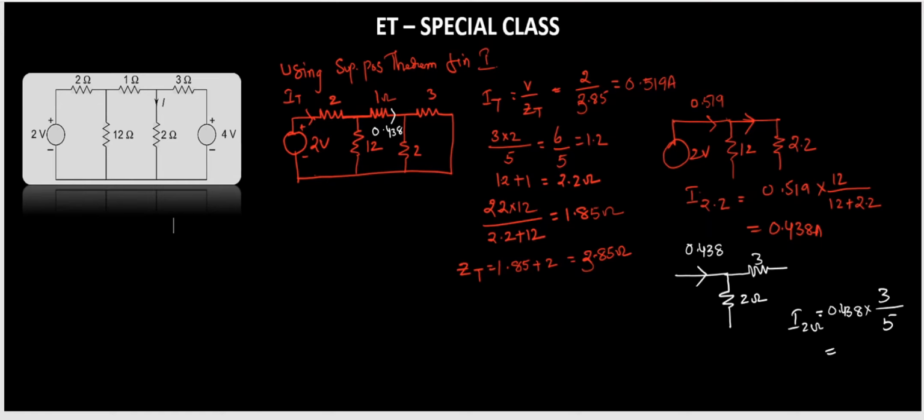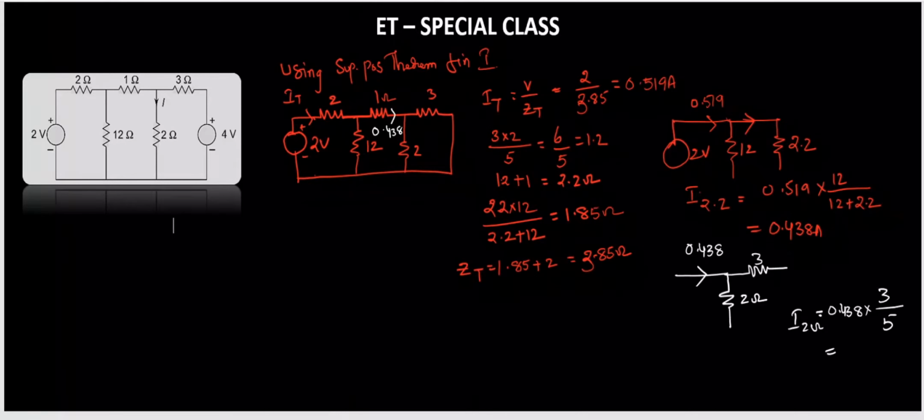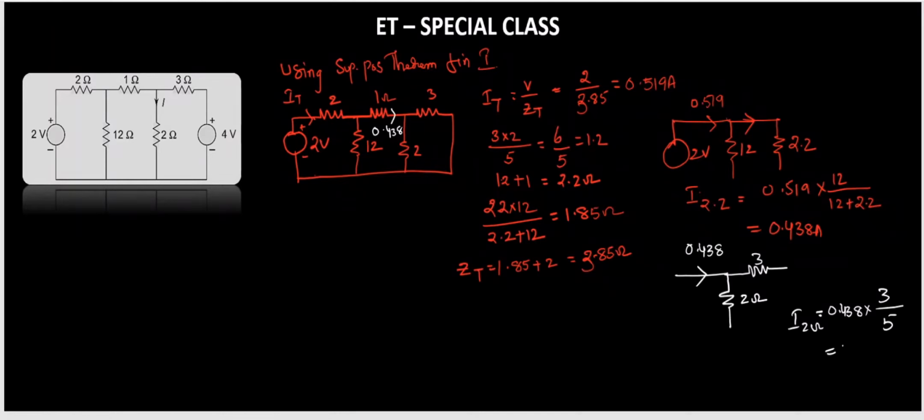Tell me the answer. 0.262 amperes is the current. Because of this 2 volt source, how much current is going into this 2 ohm resistance? 0.262.